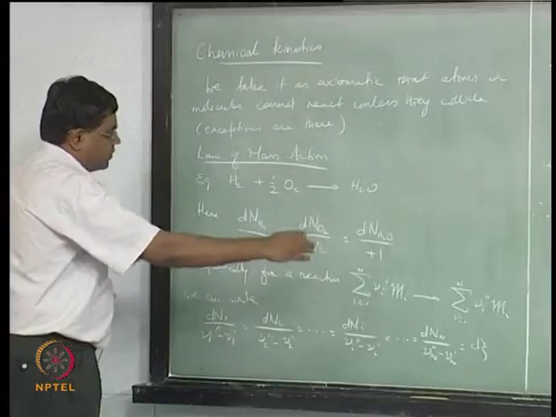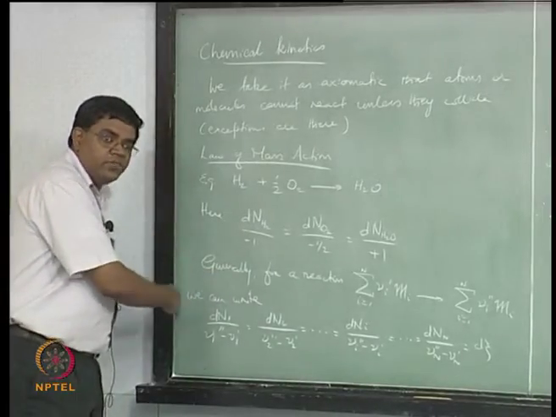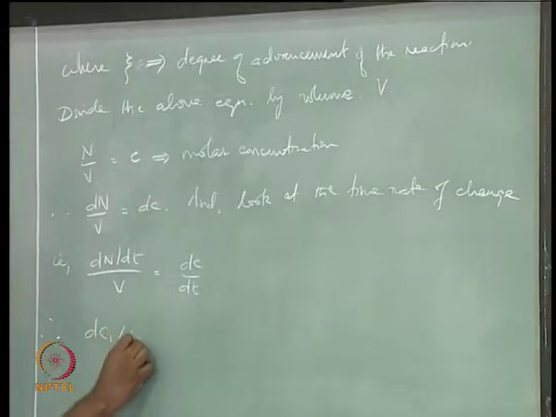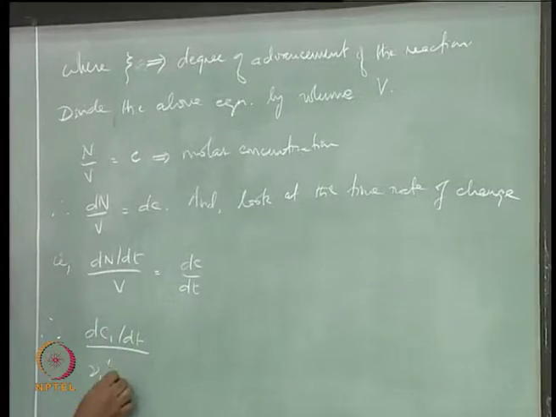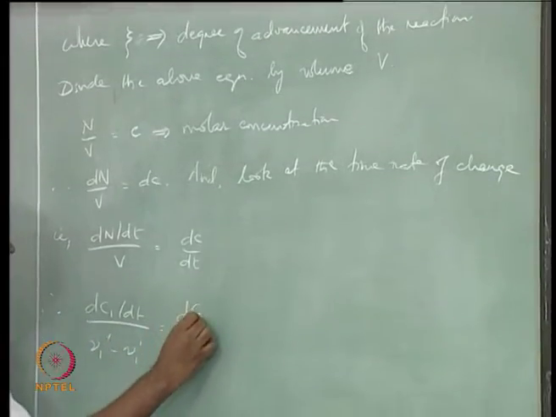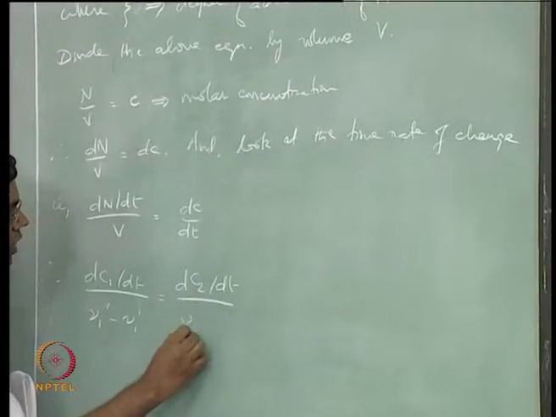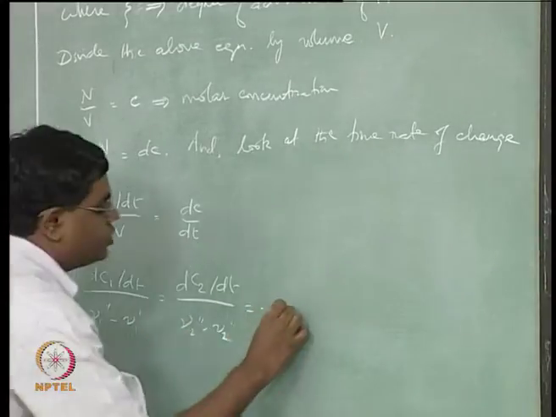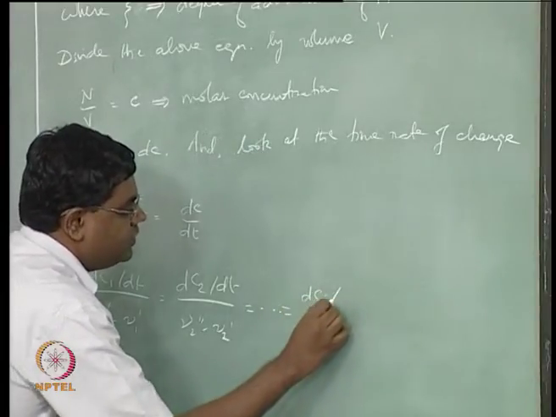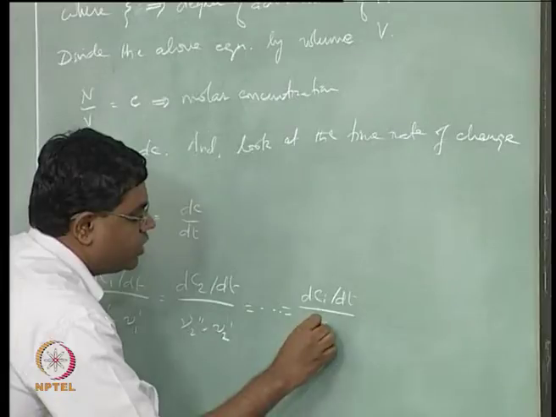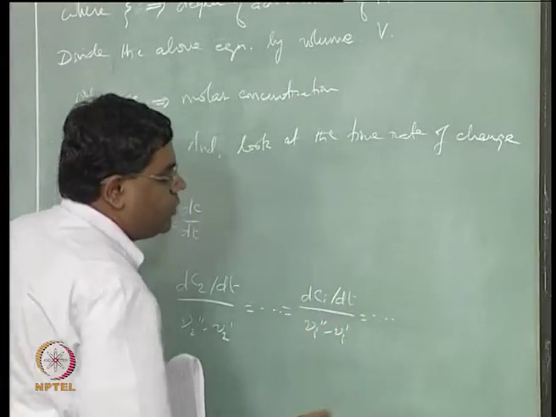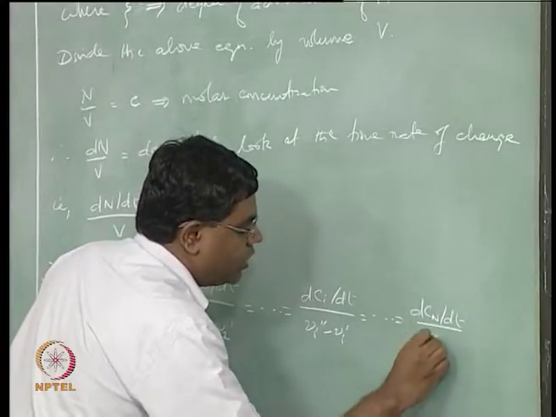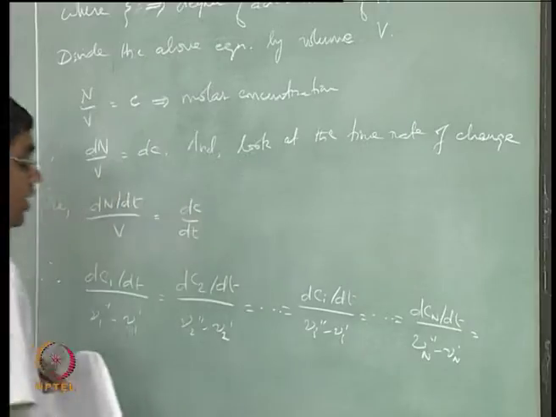That means you divide the entire set of equations by volume and then take the time rate of change in each case, then you now get dC1 over dt divided by nu1 double prime minus nu1 single prime equals dC2 over dt divided by nu2 double prime minus nu2 single prime, etc. For the general case of the ith species, dCi over dt divided by nu i double prime minus nu i single prime, up to dCn over dt divided by nu n double prime minus nu n single prime.